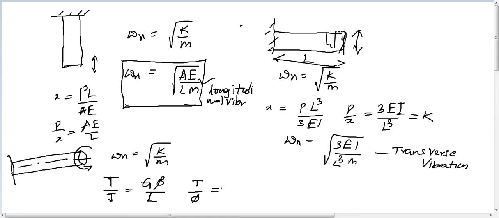T by phi is equal to G into J by L. So our omega n can be written as square root of k by m, where k is GJ by L. This will become the natural frequency in case of torsional vibrations.